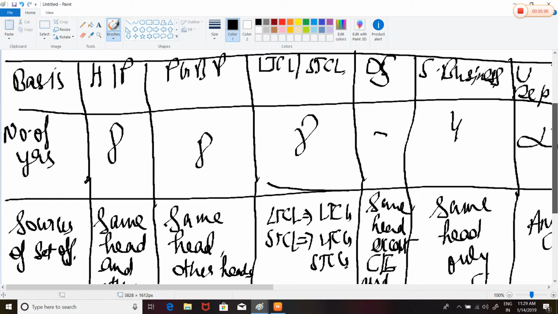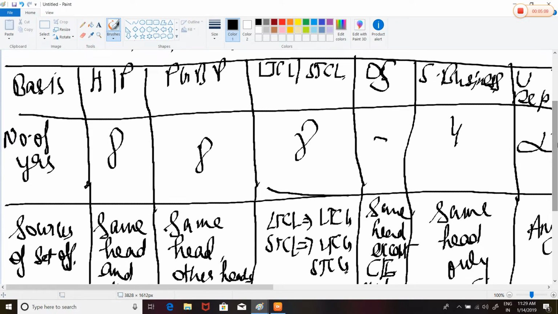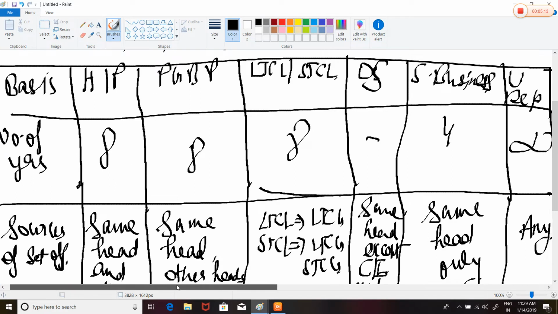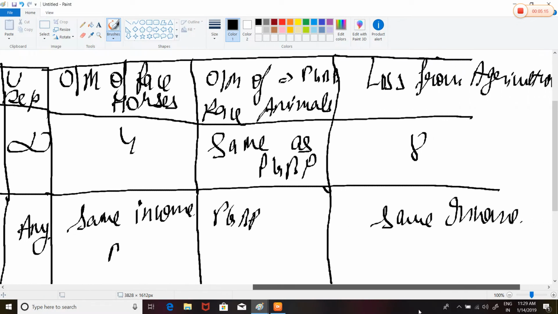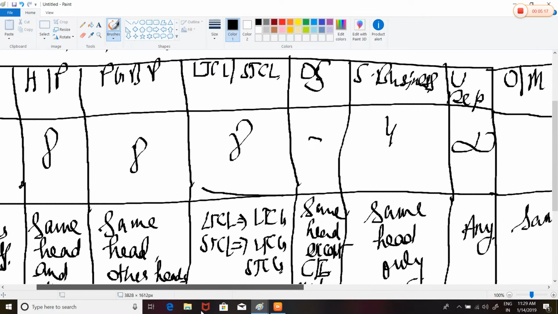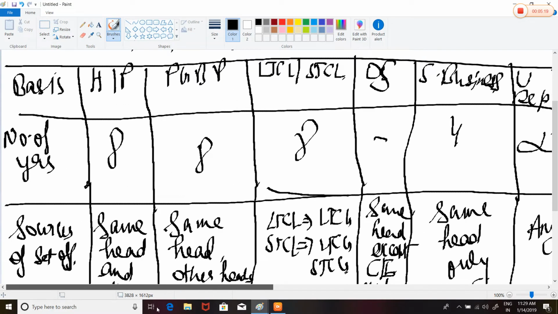It's my request to please note down all the charts which I am giving you in this lecture. These are charts; no other faculty would provide charts like this. Now let's start. Firstly, the basis for how many years the loss can be carried forward.